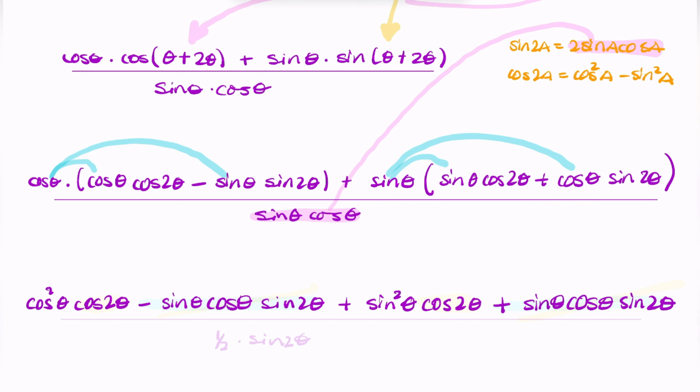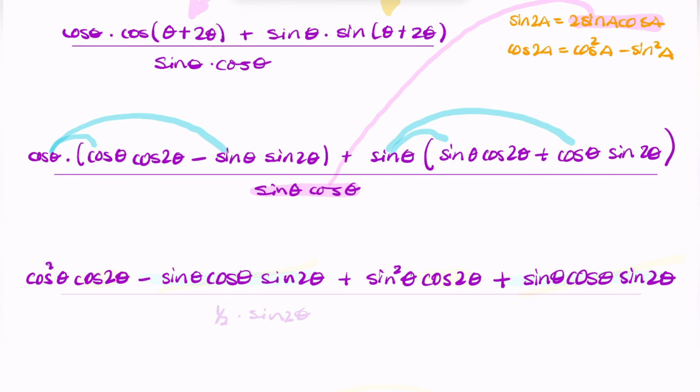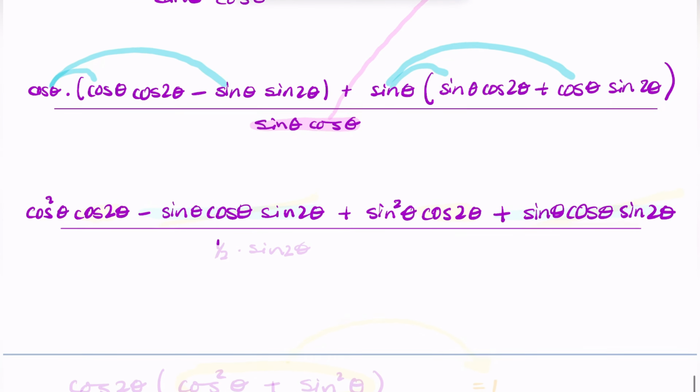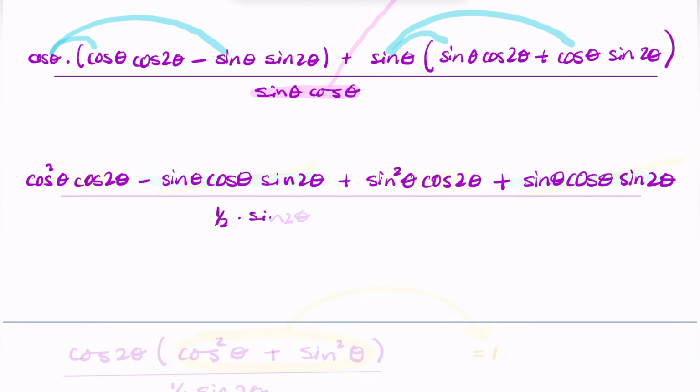So I just multiplied everything by sine theta cosine theta. And then in the denominator, I can replace the sine theta cosine theta with half sine 2 theta. So it looks like it's become much more complex, but I think we can now simplify things.